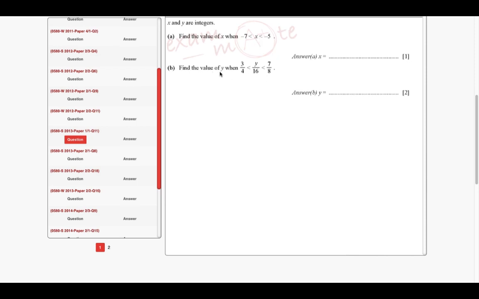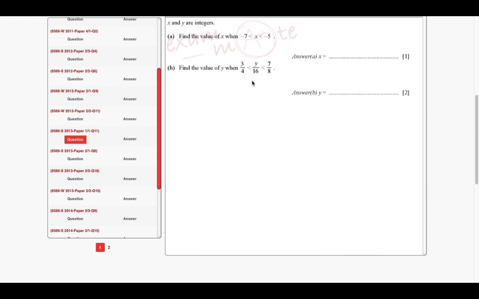Now find the value of y when 3/4 is less than y over 16 and is less than 7/8. It says you should find the value of y. So what we can do is take the first two and find y.